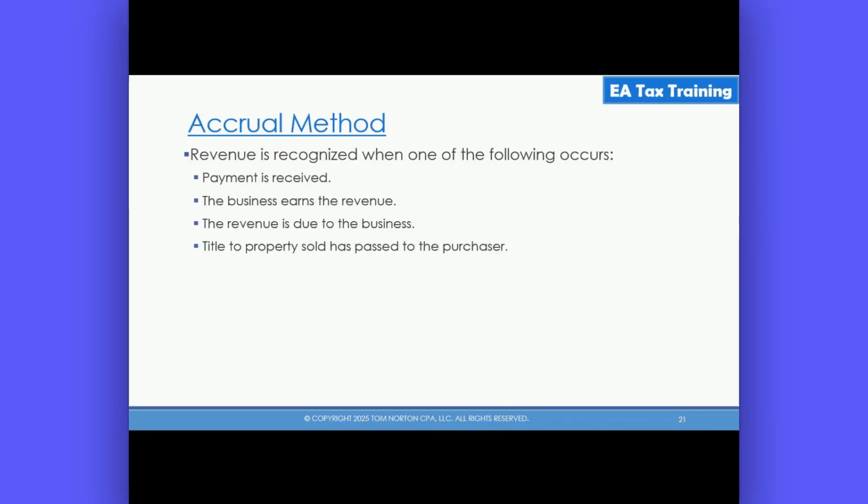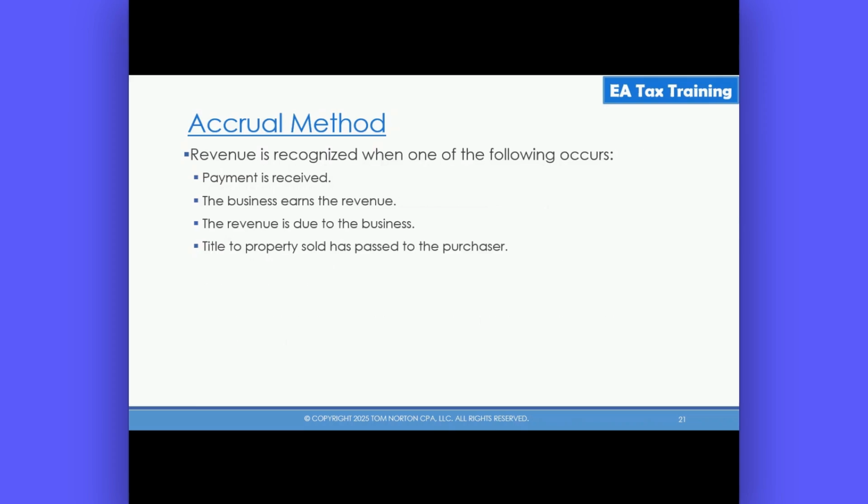For the accrual method, when we're looking at revenue, revenue is going to be recognized when any one of the following occurs. First of all, if payment is received. So if you're providing a product or a service, the customer pays you right then and there for it, you've received payment. Of course, you are then going to recognize that as income.